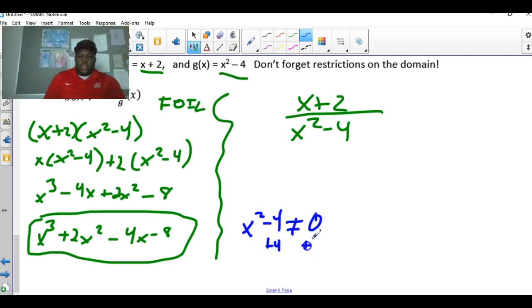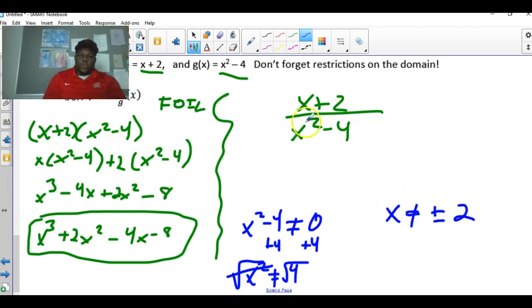Plus 4 on both sides, you have x squared equals 4. Then you've got to take the square root to negate that square. Who remembers the rule when you take the square root on both sides? Hopefully you guessed it. You get x is not equal to plus or minus 2.